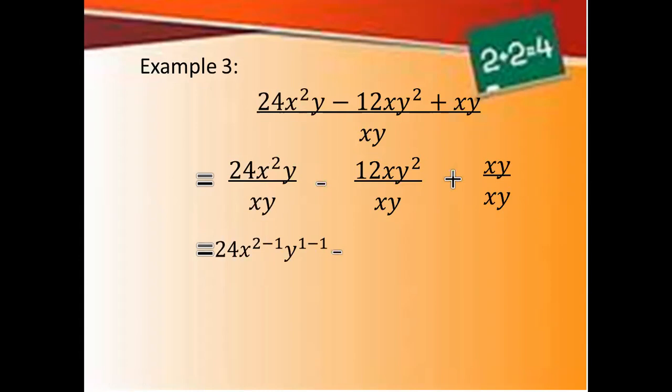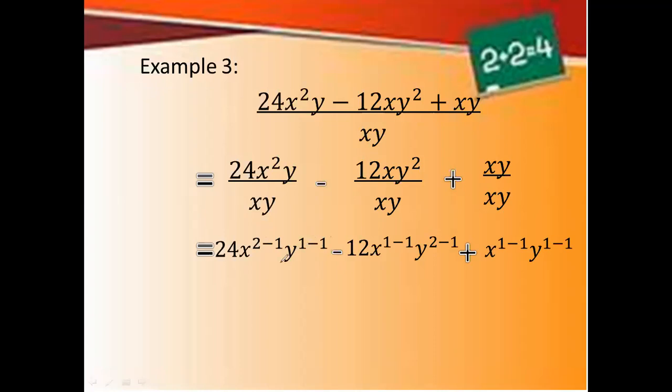Minus 12x, 1 minus 1, y is 2 minus 1, plus x, 1 minus 1 and y minus 1. What remains, take note: x to the power of 2 minus 1 is 1, and y minus 1 is 0.